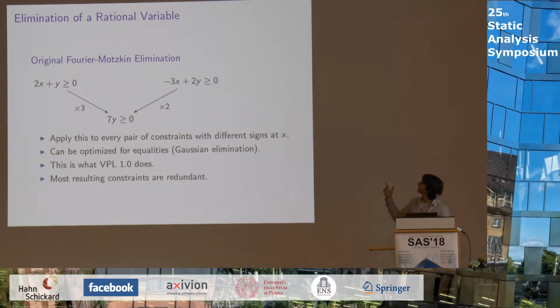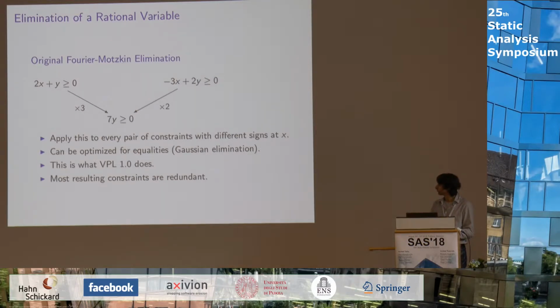Then we produce all pairs of constraints and combine them in a way that removes x. In this case, the left one we multiply by 3, the right one by 2, take the sum, and the result is 7y greater than 0. Obviously we can divide by 7 in the next step.